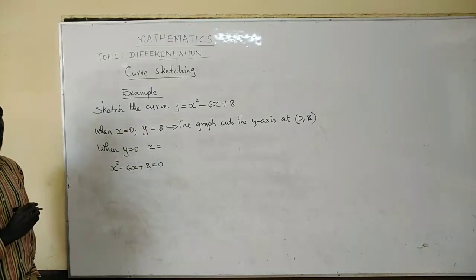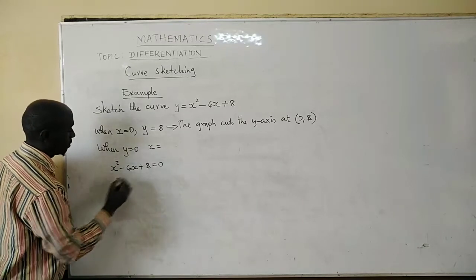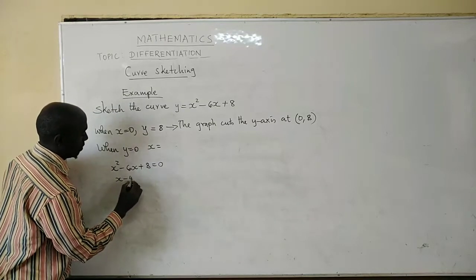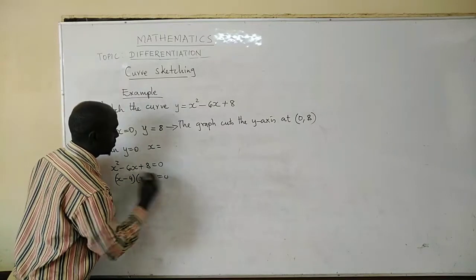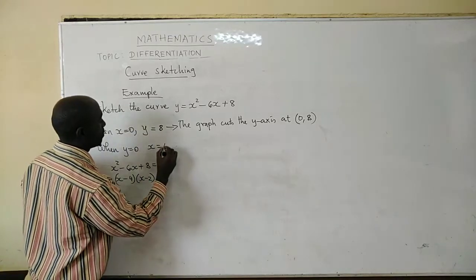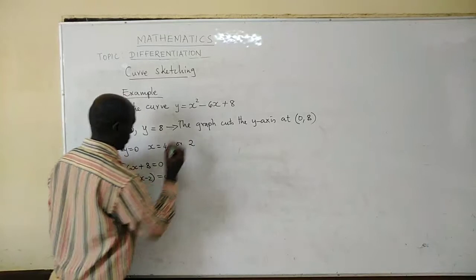Then you solve that, you will get two values of x. If you factorize, you will get x minus 4, x minus 2 is equal to 0. Meaning, the two values of x are either x is equal to 4 or x is equal to 2.